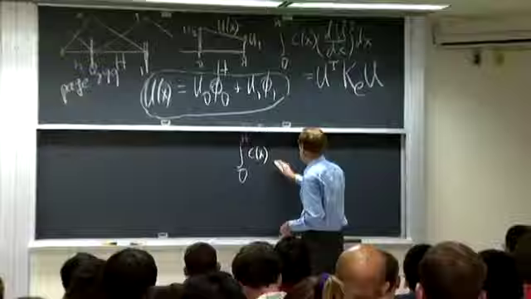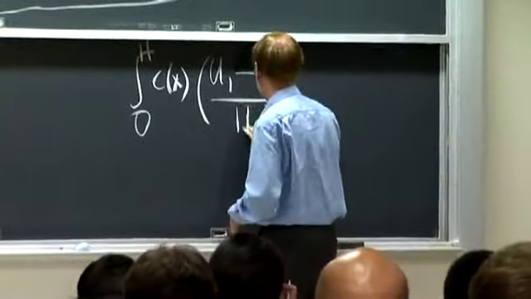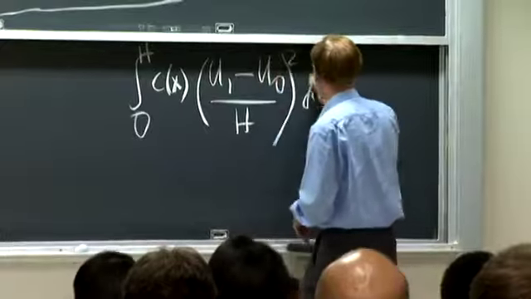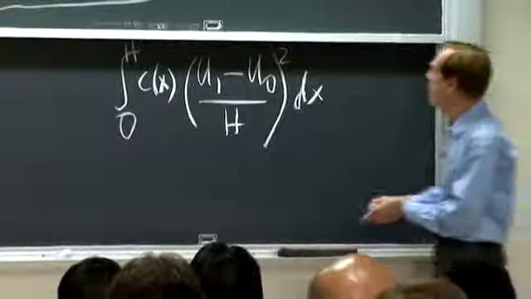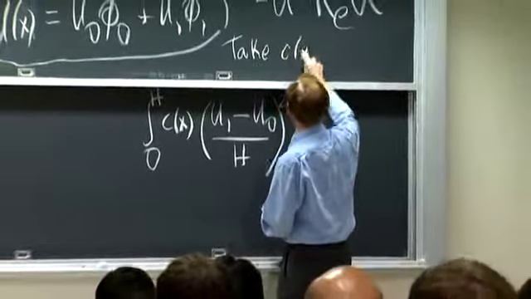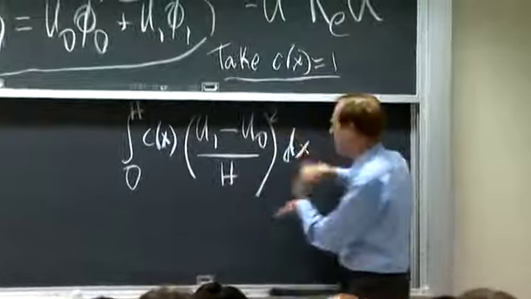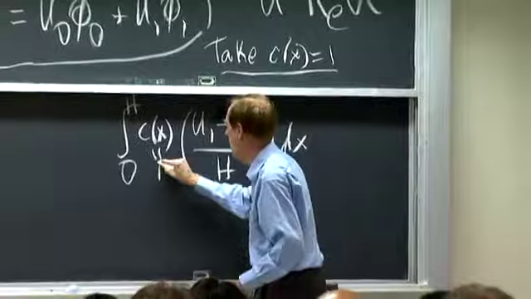The slope is u1 minus u0 over h, and I'm squaring it, dx. Okay, let me take c of x equal to 1, just to see clearly what's going on. So c of x is just going to be 1.